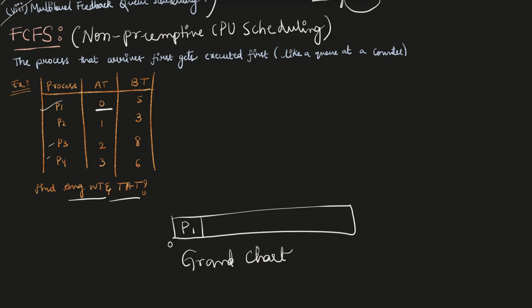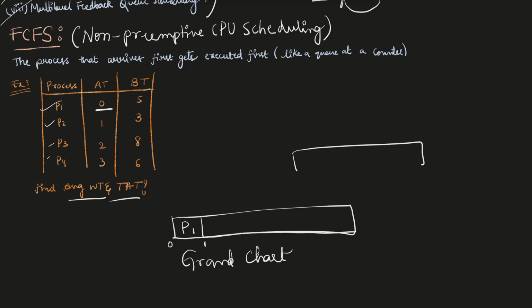That means once a process gets a chance, until and unless it finishes its turn, it will never give its place to the other one. So even if you move up to 1 unit and the next process has arrived, you will not give the place to it.